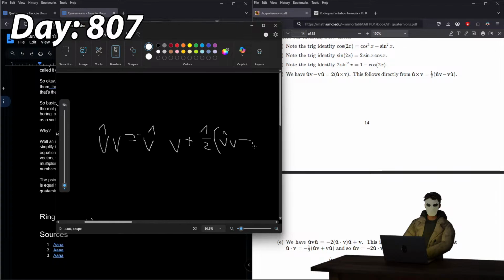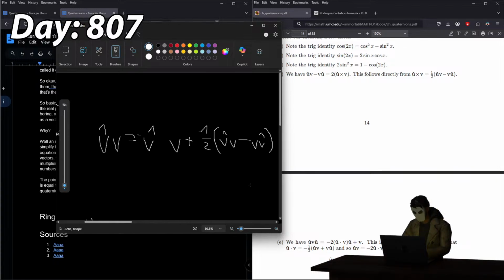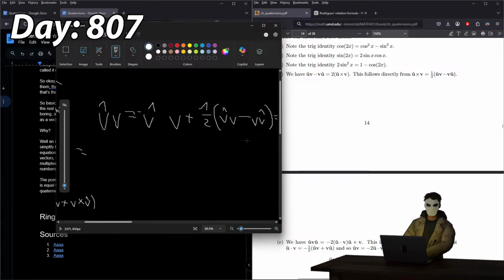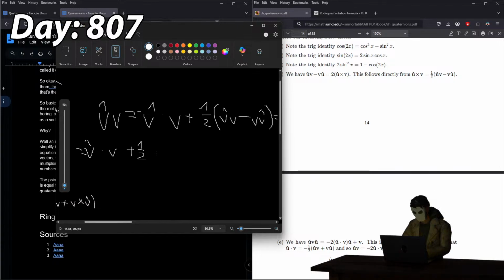uv minus vu, and then this, bring it up to get outside. Minus v1, those are easy to take. Oh wait, no, this is onto something, because if we extract both of them, we get u dot v plus 1/2, and then on the inside minus 2 u dot v.